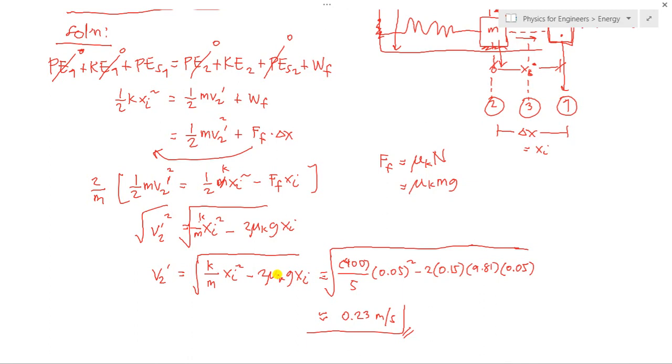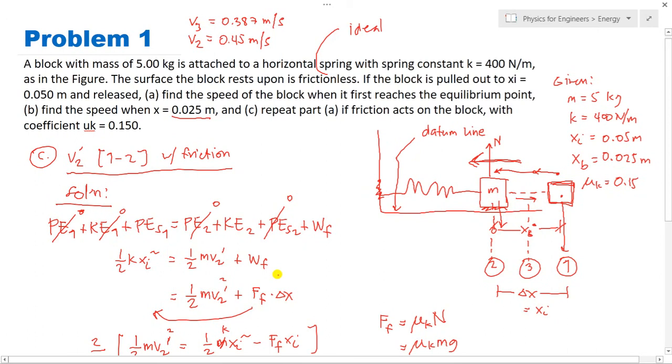So our answer is approximately 0.23 meters per second.